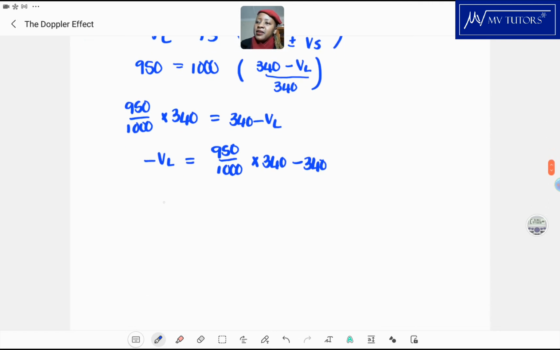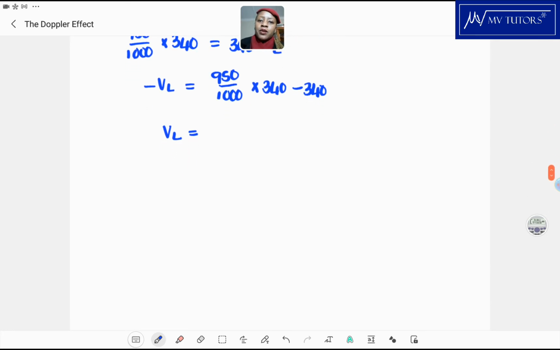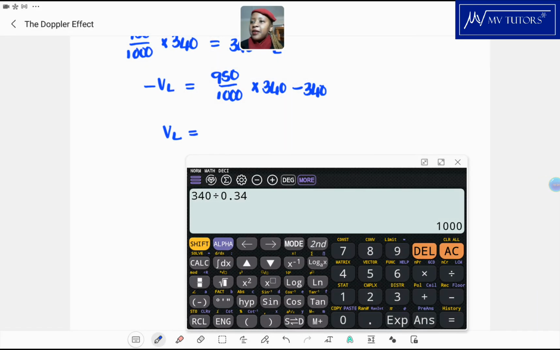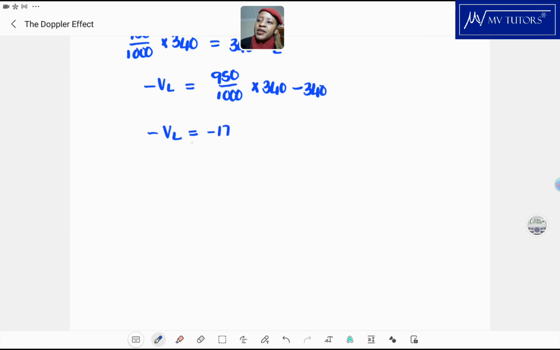Alright, and then finally we can check what the speed of the patrol car is. So we have 950 over 1000 times 340 minus 340, and we get negative 17. Remember we have negative that side, so negative 17, and then finally our speed is 17 meters per second.